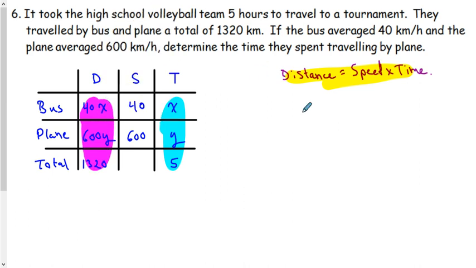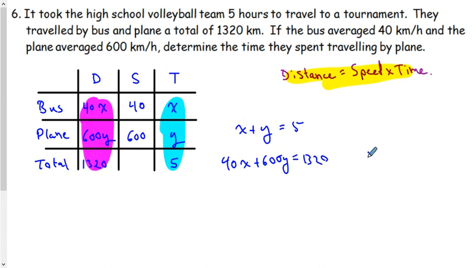So let's write our two equations. First one, nice and easy. It's x plus y equals 5. That's our time equation. What's our distance equation? 40x plus 600y equals 1320. So there's my two equations. These are in standard form, so solving them through elimination is going to be easier.